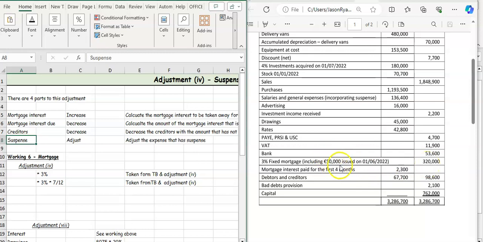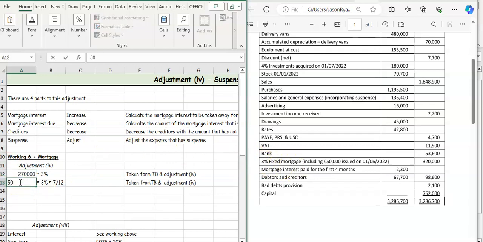I got one mortgage on the 1st of the 6th, so I don't have that for the full year. So I need to take that away to find out the yearly figure, and find out how much it is for this new mortgage that I got on the 1st of the 6th. So I'm going to take the 5,000 away from the 3,200. I'm going to get 2,700. So that's going to be multiplied by 3% because that's my 3% fixed mortgage.